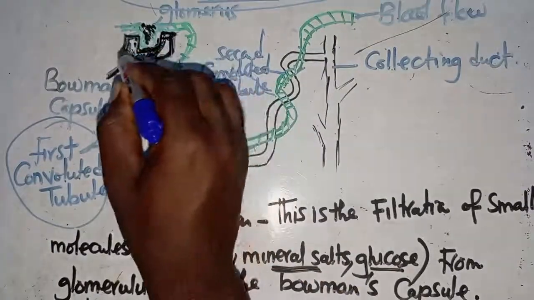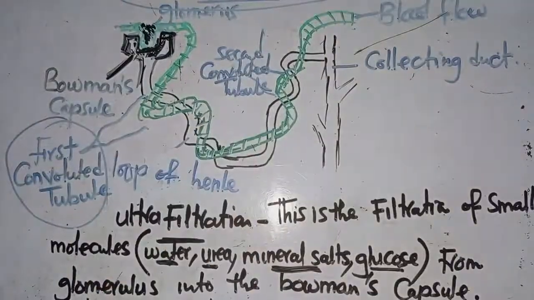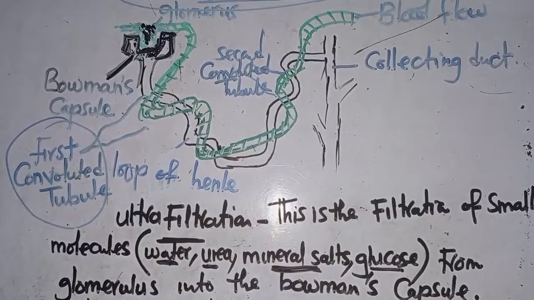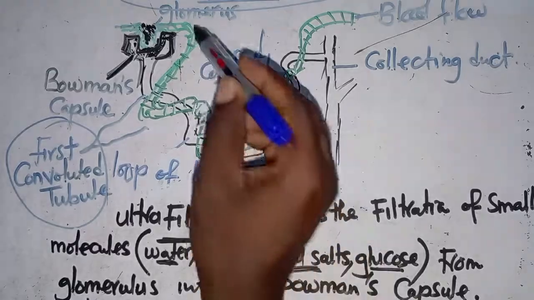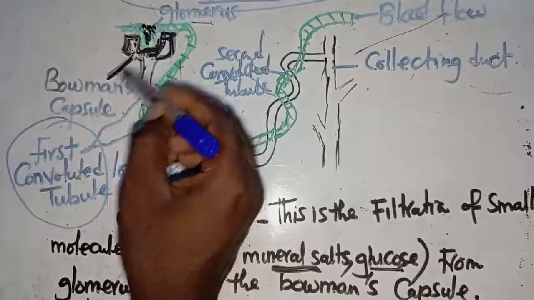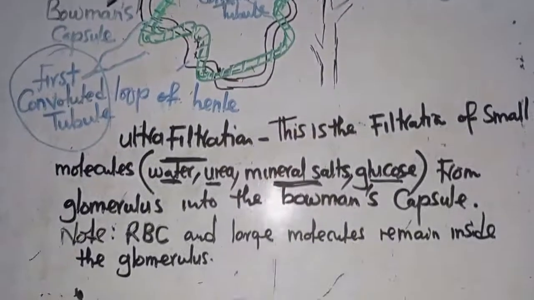The liquid that is collected in the Bowman's capsule is called the glomerulus filtrate, because it is filtrating now. It is undergoing the process we are calling filtration, where they move from the glomerulus into the Bowman's capsule. So we call that the glomerulus filtrate. You can find such questions in an exam.